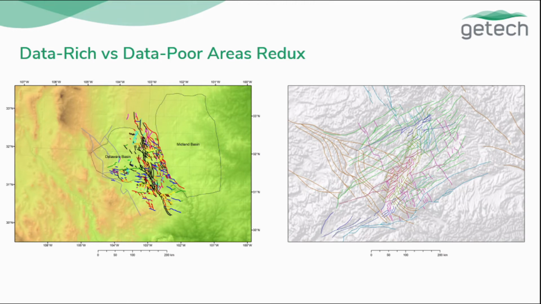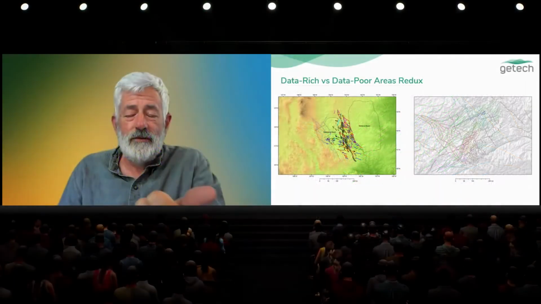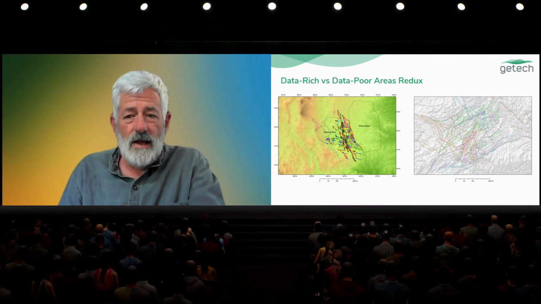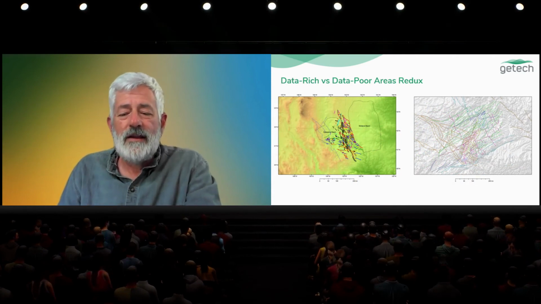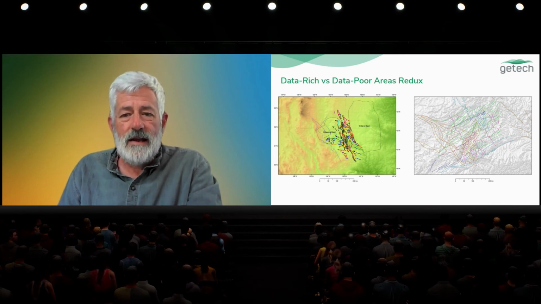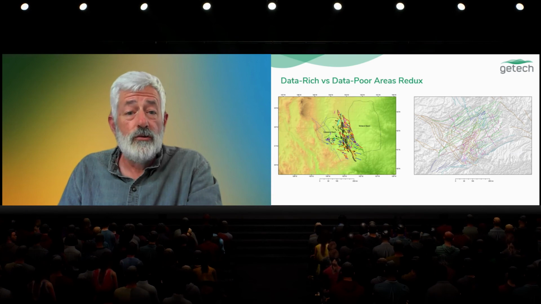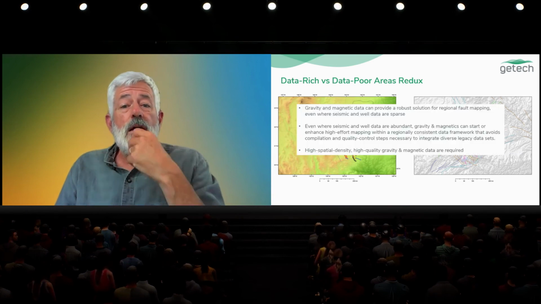Without doubt, the one on the left has taken thousands of people hours and millions of dollars, or however much it costs to do. We can get close to that, if not replicating exactly that level of detail, by using the gravity and magnetic data and largely letting computers do the job.